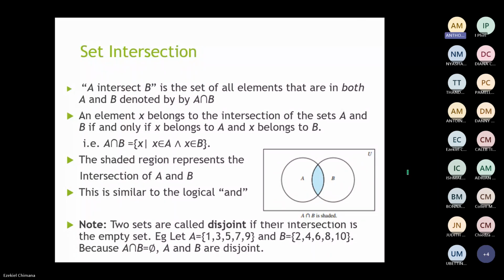The two sets are called disjoint if the intersection is the empty set. For example, if A is {1, 3, 5, 7, 9} and B is {2, 4, 6, 8, 10}, because A intersect B is the empty set, A and B are disjoint.